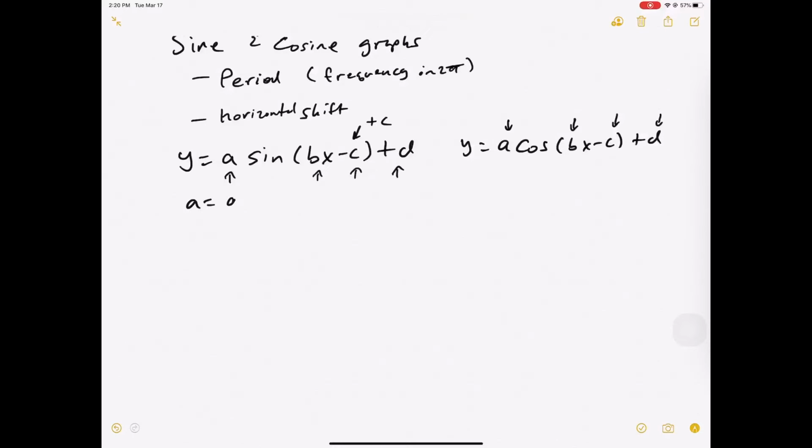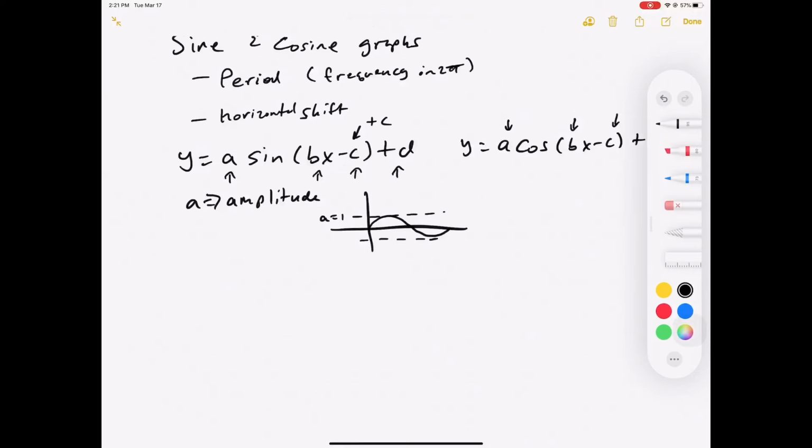A refers to my amplitude, and it's how high and how low your graph goes. So if this is positive 1, A is equal to 1. When my A value is 1, we go up 1 and down 1.